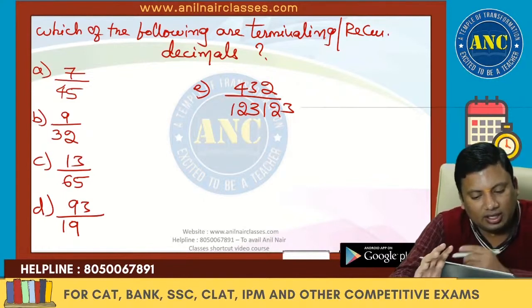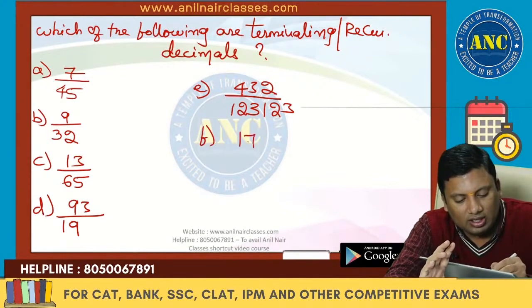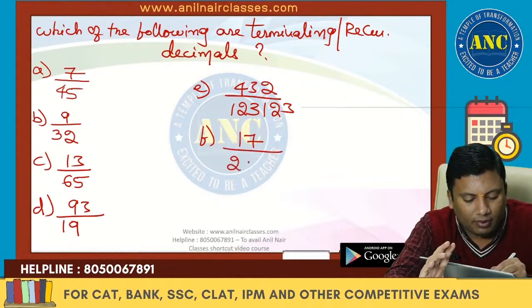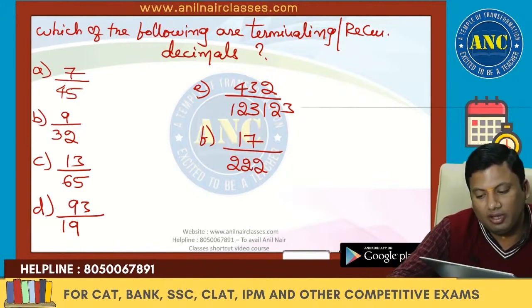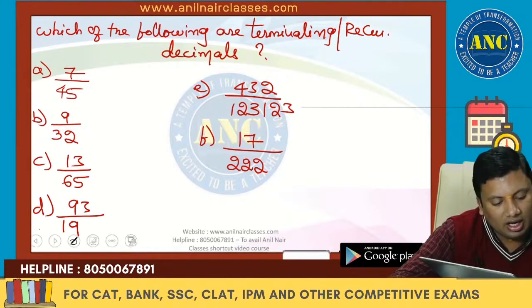Listen carefully, sir. You can also take one more thing: 17 by 222. Which of the following are terminating or recurring decimals?